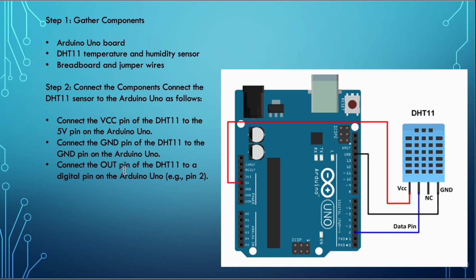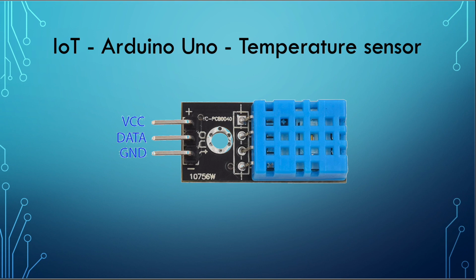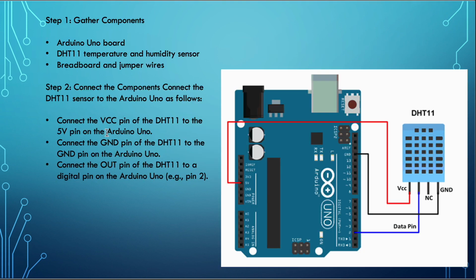These are the three main points. Here we will be using the sensor DHT11. There is another sensor, DHT22, which is also similar to this. The version would be quite similar, right?